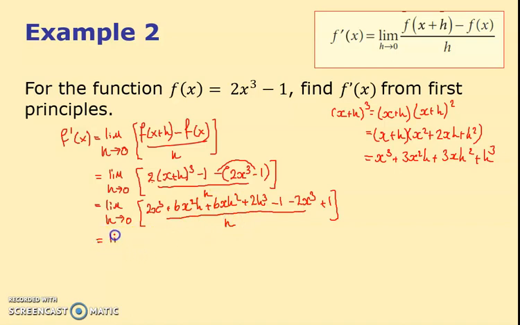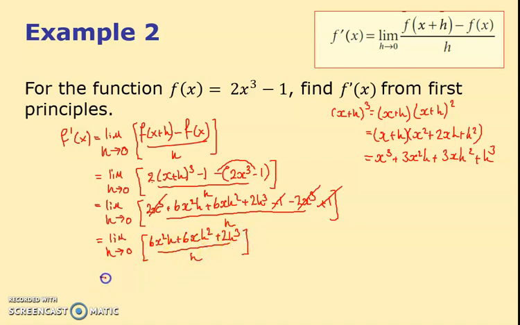So equals, the trickery has to carry on, the limit as h tends to 0. Now, things will cancel here, they always do. 2x cubed, take away 2x cubed, that's gone. Take away 1 plus a 1, that's gone. Those don't go. So this is 6x squared h plus 6xh squared plus 2h cubed divided by h.